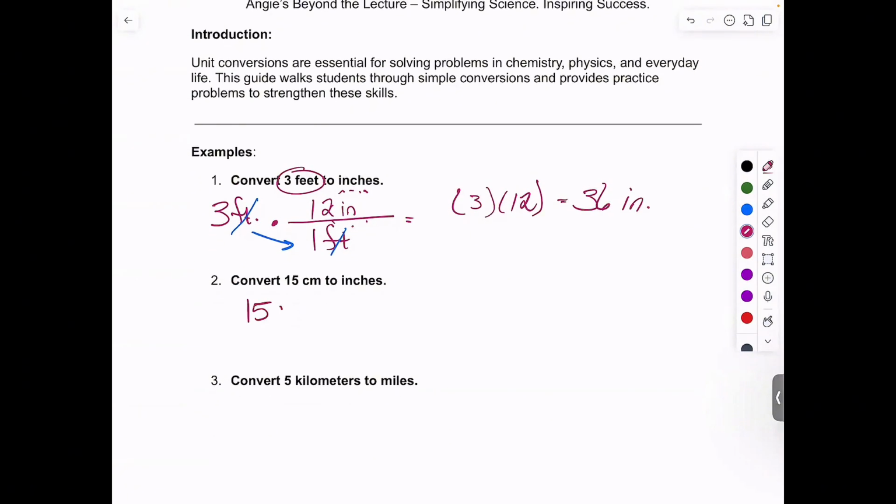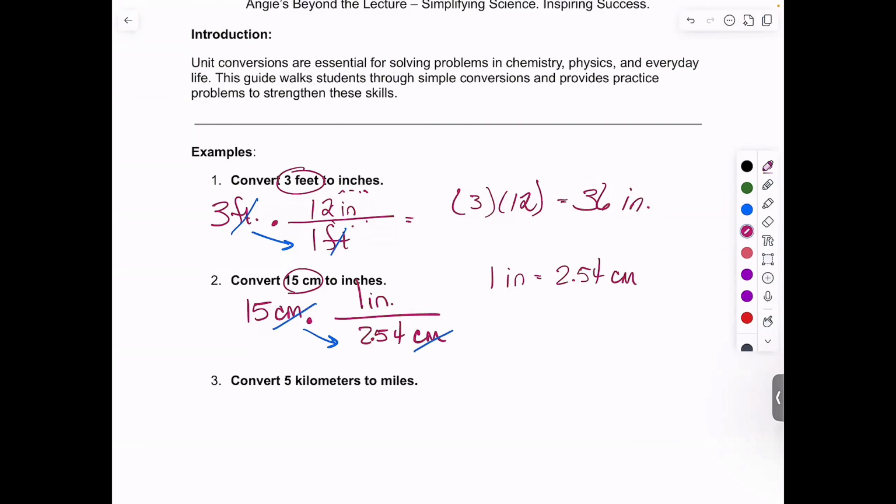For number 2, let's start off with the given quantity. And I didn't put this here, but 1 inch is equal to 2.54 centimeters. It's something you'll see quite commonly in math and science over time. And so again, I need to ensure I have centimeters on the bottom. So I have a 50-50 shot, right? 2.54 centimeters will go on the bottom, and 1 inch will go on the top.